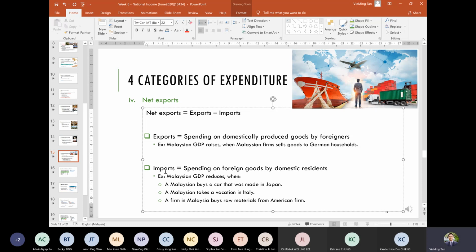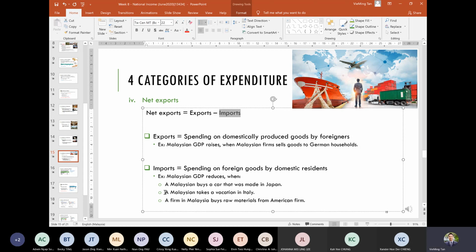For example, a Malaysian citizen buying a car made in Japan. This will increase the import. When the import increases, this will reduce the GDP value. What else are the activities that should be under import then?